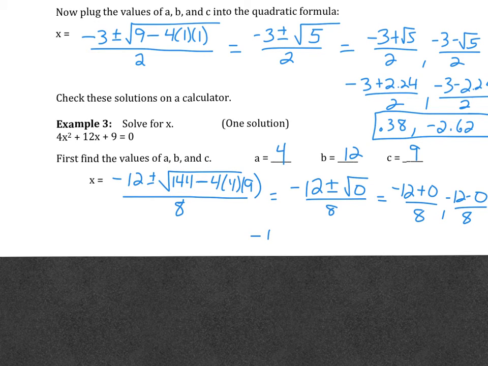So negative 12 over 8 and negative 12 over 8. It's only negative 12 over 8. So that is negative 1.5. That is the x-intercept. And let's check on the graph of this one.